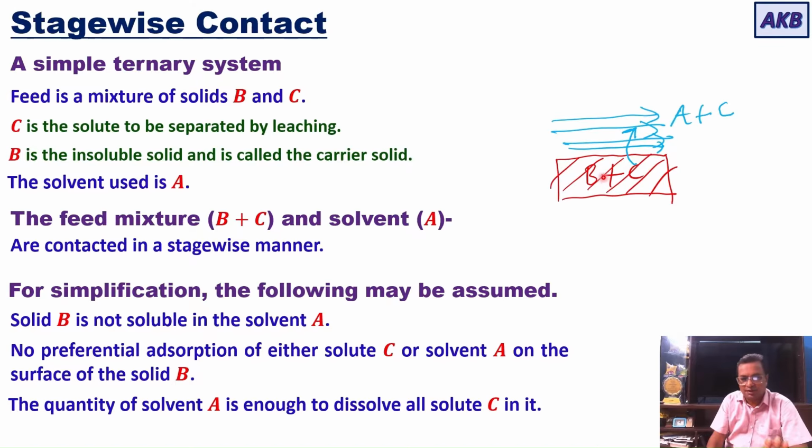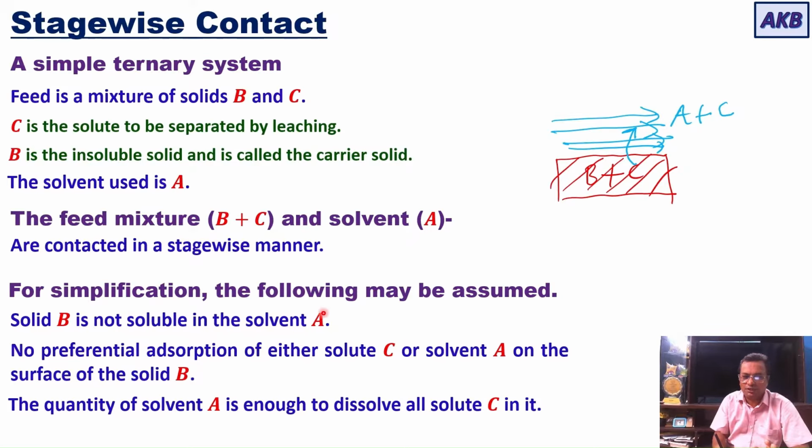This assumption is required in order to allow an equilibrium to establish between the liquid phase and the solid phase. For that, there should be a sufficient amount of solvent. The quantity should be sufficient to dissolve all solute C that is present in the solid mixture. So this is the third assumption you can make in order to simplify the analysis.